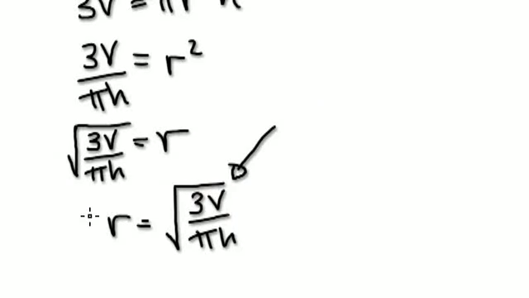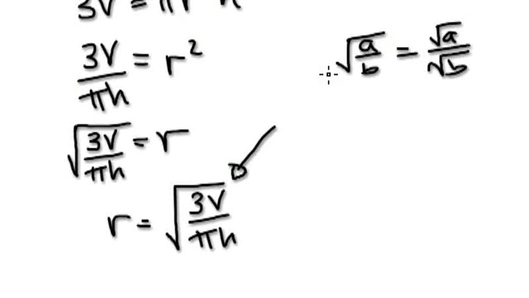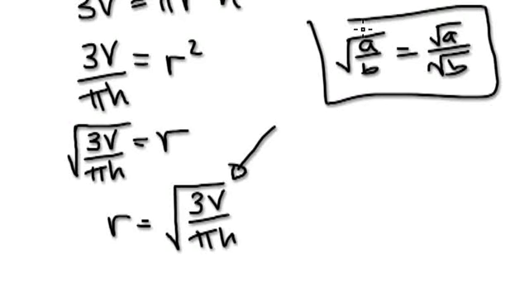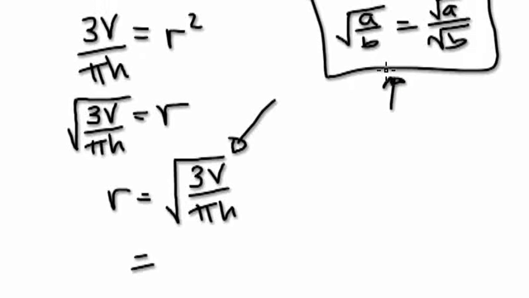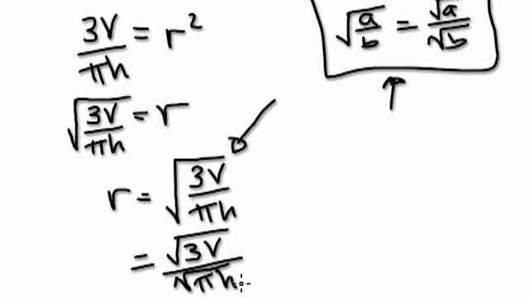Now, using indices: when you have the square root of a over b, this equals root a over root b. If you don't understand this, you have to watch one of the videos on indices. I'm going to use this property up here, so it becomes root 3v over root pi h.